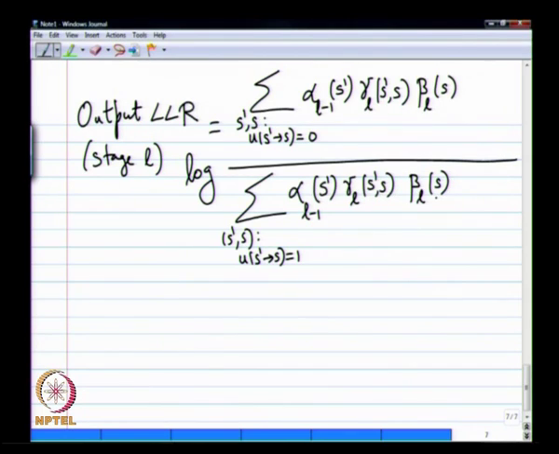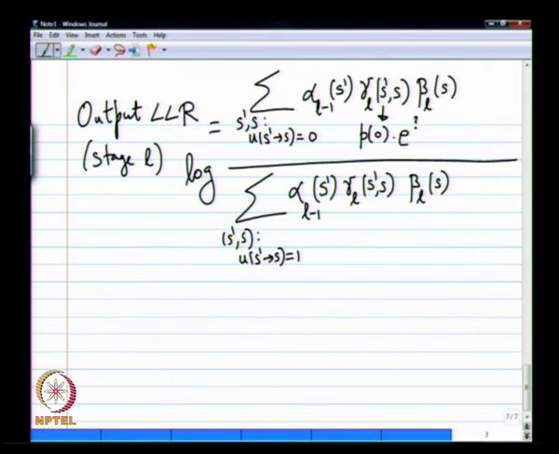Whether it is intrinsic or extrinsic or anything at all, that is going to be part of only gamma. Alpha and beta will generally multiply anything that you put in there. So we have to only substitute for gamma. What are we going to put for gamma? Here I am going to put P of u S prime S. In the numerator, U S prime S is always 0, so it is simply P of the a priori 0 times some e power term.